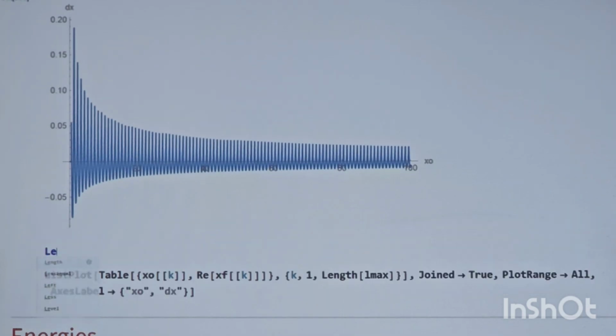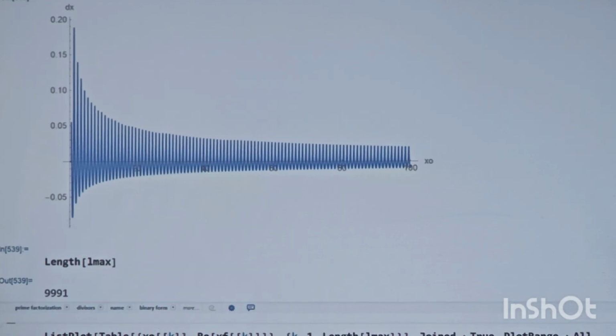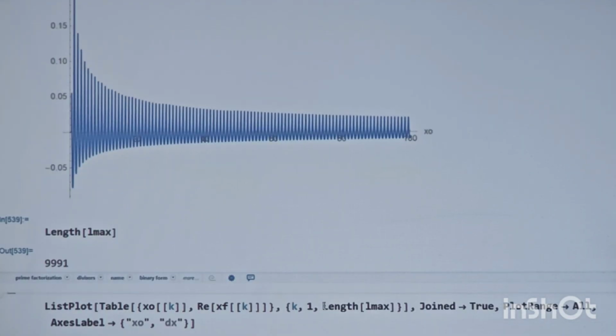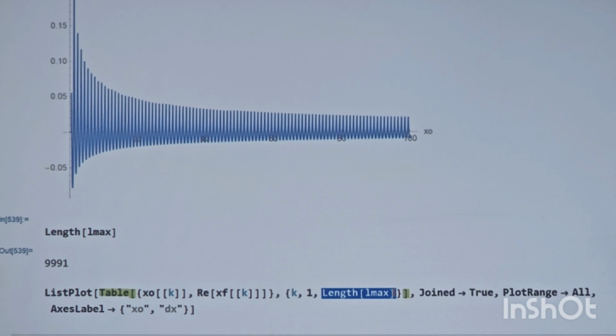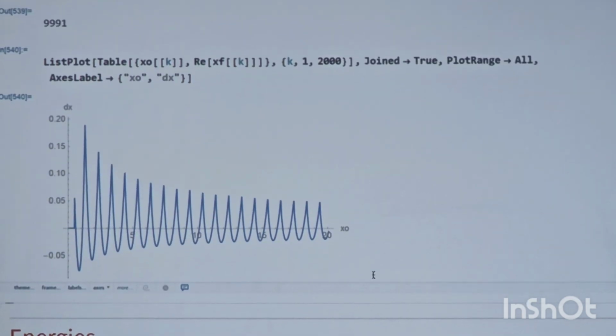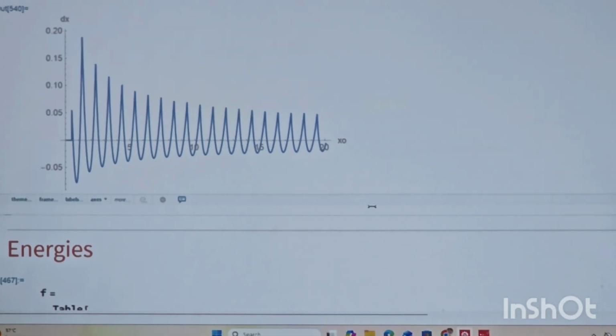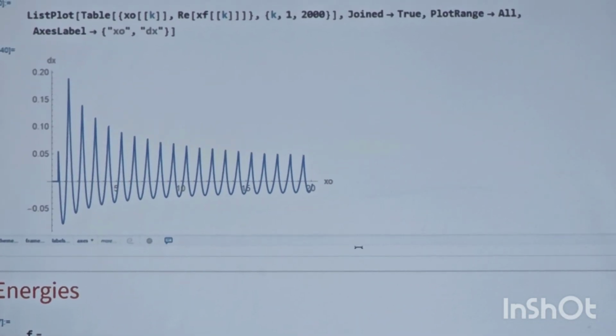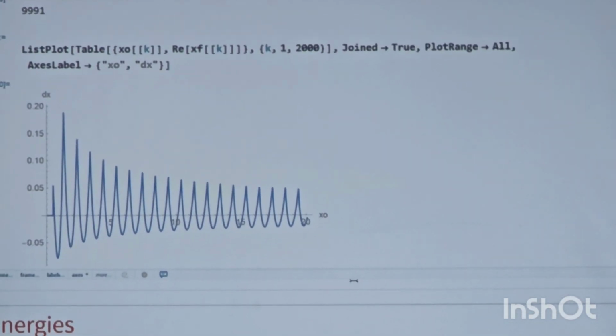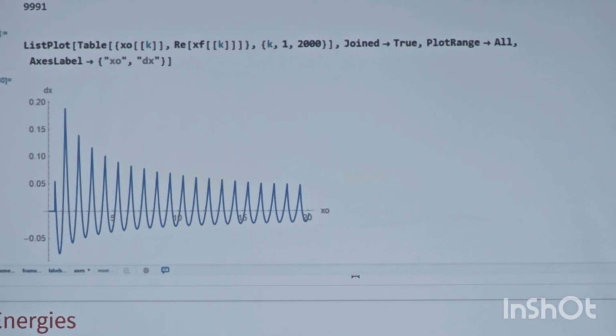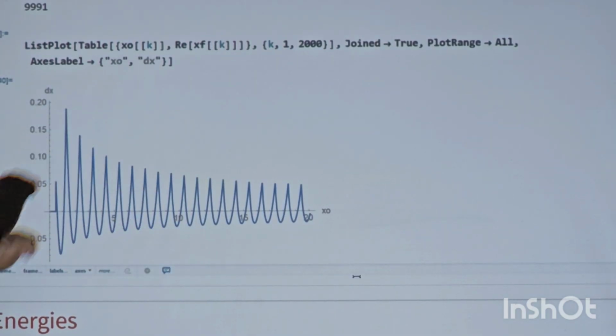So what's the length of my vector? I have 9,000 points, so let me go from 1 to 2,000, right? Here you go. So this is the variation in the Fermi energy, oscillating between positive and negative, exactly as I've described.